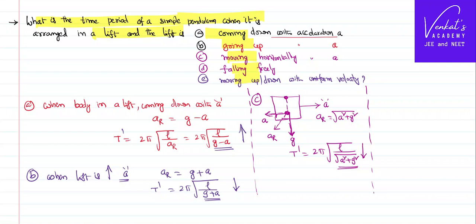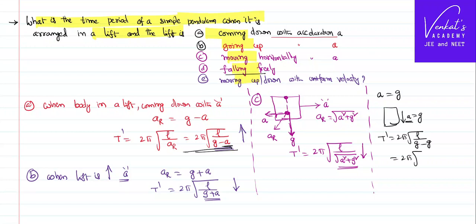Now, let's talk about the fourth case, when the lift is falling freely. When the lift is falling freely, it is coming down with an acceleration equal to acceleration due to gravity. When the lift is coming down, we have already written the formula 2 pi into root of L by G minus A. Now it is falling down with acceleration G itself.